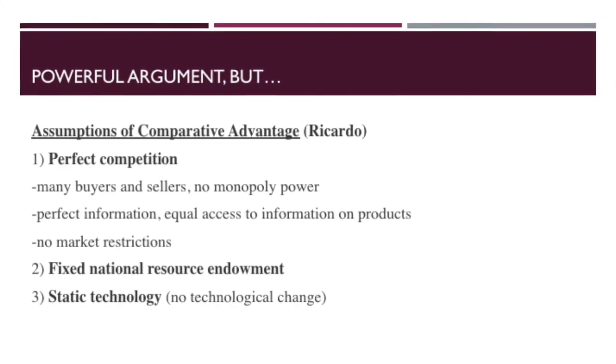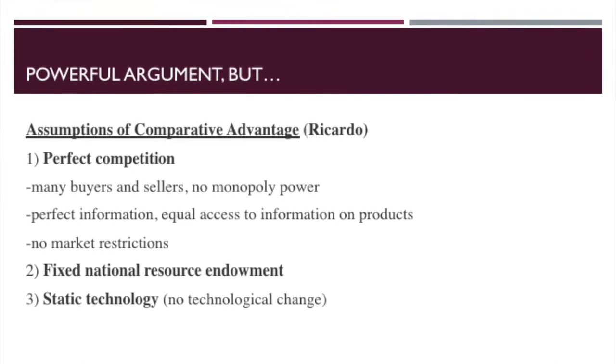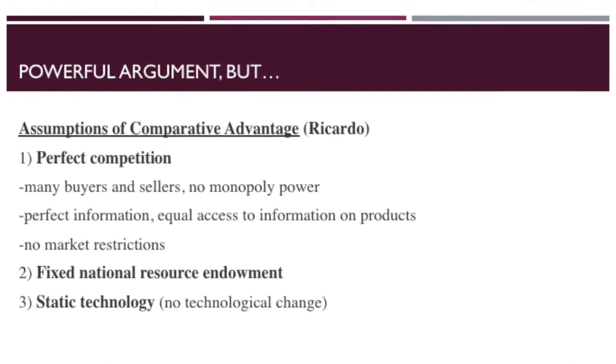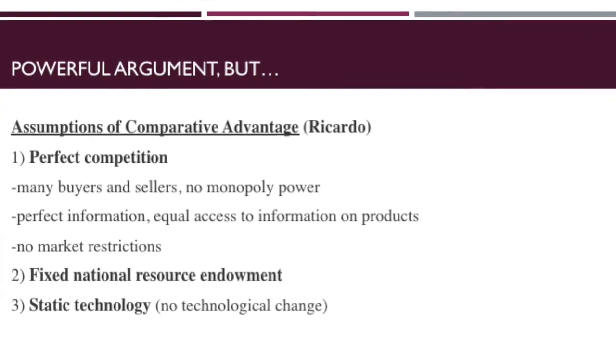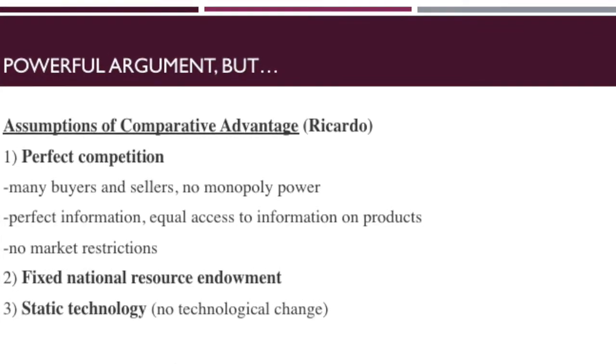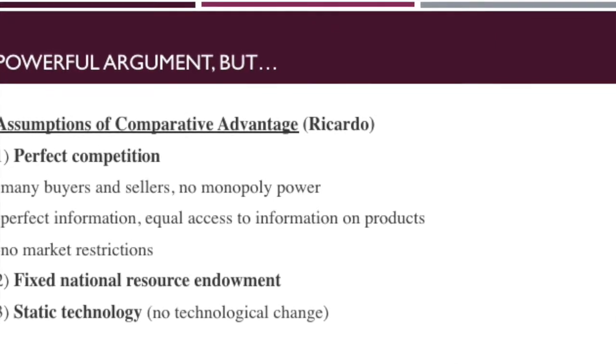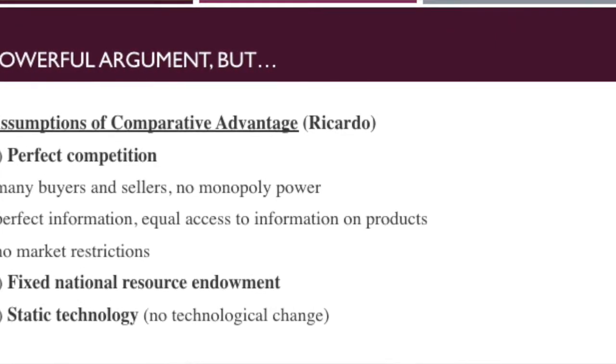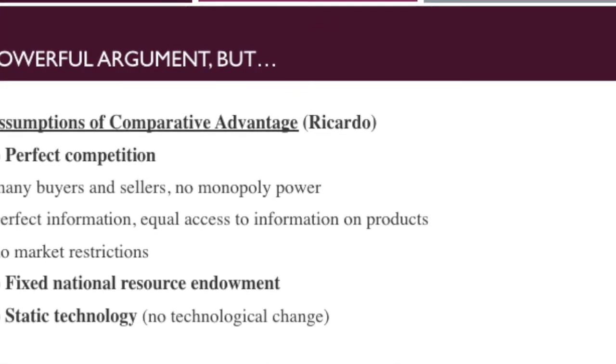What about fixed national resource endowments? Well, yes and no. Those of you that have followed the oil and gas industry in the last 10 or 15 years know that we were talking about peak oil just a few years ago. And then all of a sudden, technological change comes along and makes some of those tight oil plays, as they call them, accessible. Fracking, for example, revolutionized, certainly in the United States, America's power to exploit formerly inaccessible oil and gas reserves.